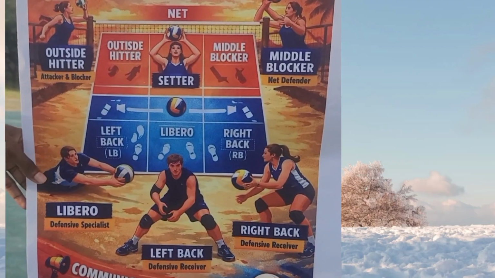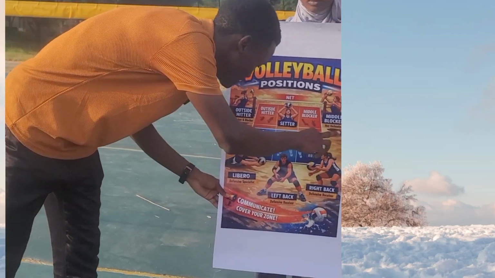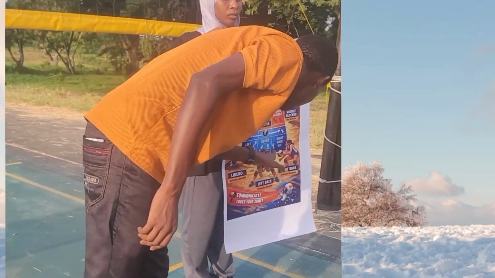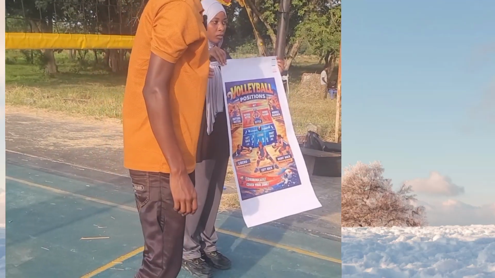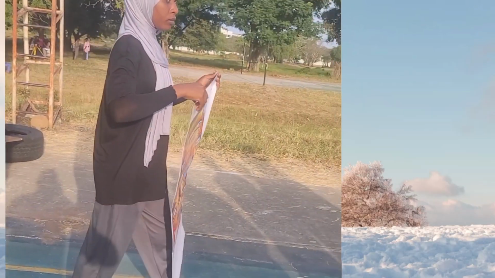As you see, there is outside hitter, there is a middle blocker, there is a left back, there is a libero, as well as right back. So you can pass it closer to your fellow so that they can observe effectively.